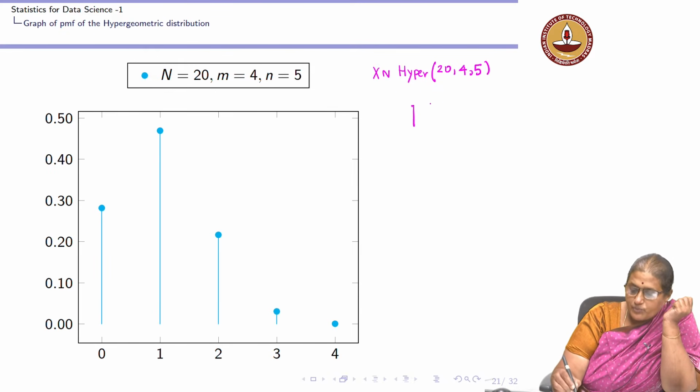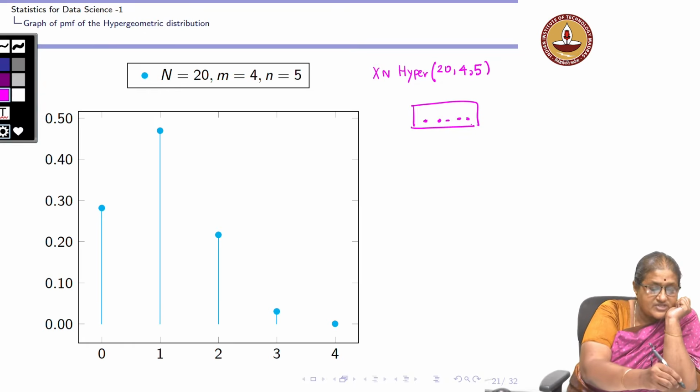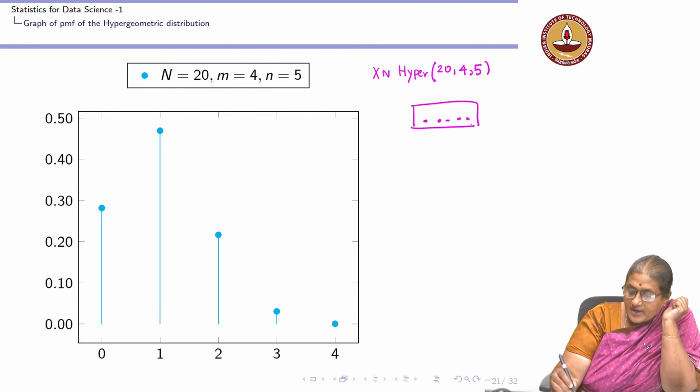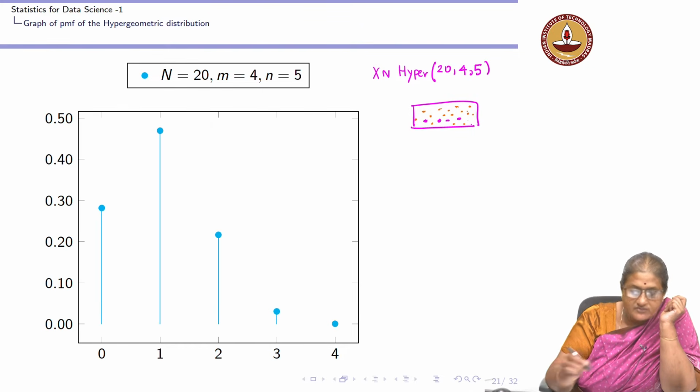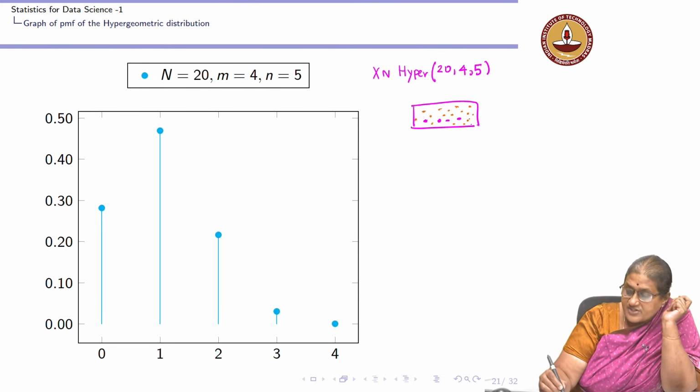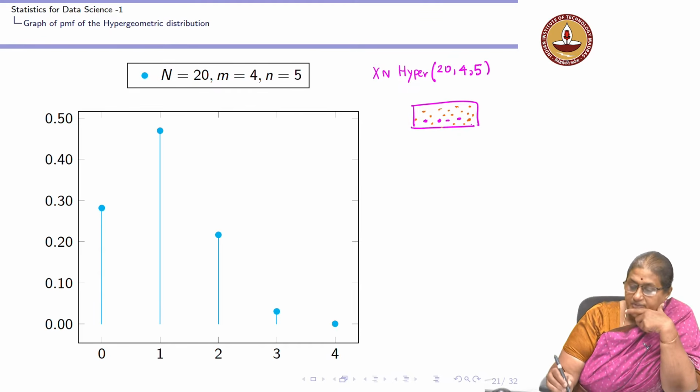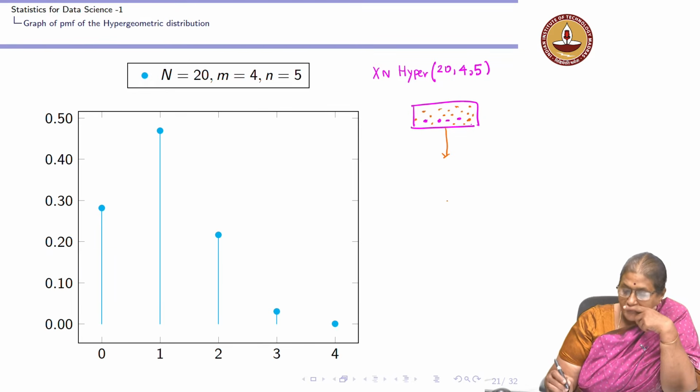So, from this box of 20, I have only 4 which are of one kind and I have 16 which are of the other kind. Now, from here I am sampling a sample of 5 points.